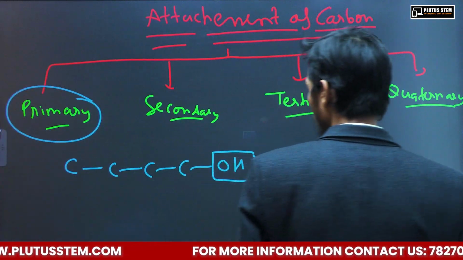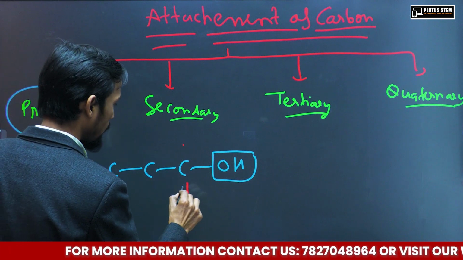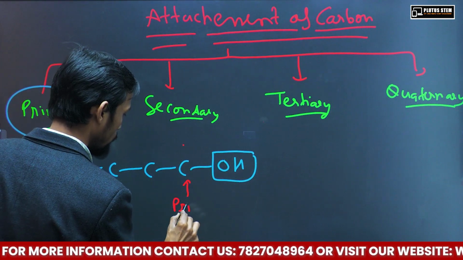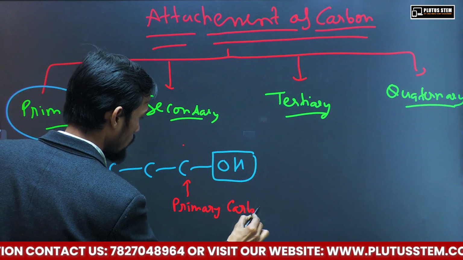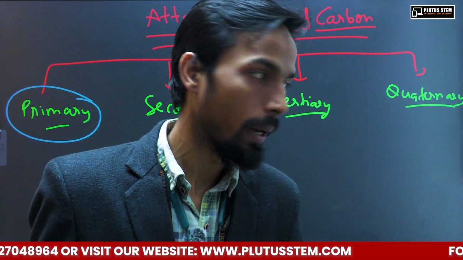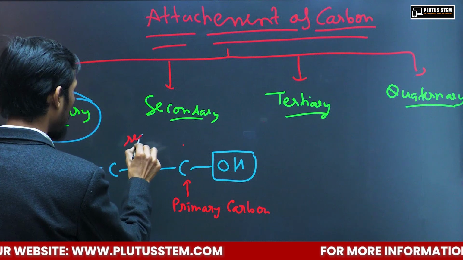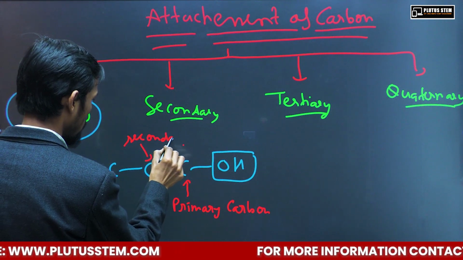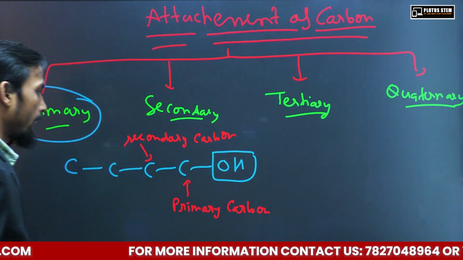In this alcohol we will see that it is attached to a primary carbon, so this alcohol will be termed as primary alcohol, and this is a secondary carbon.